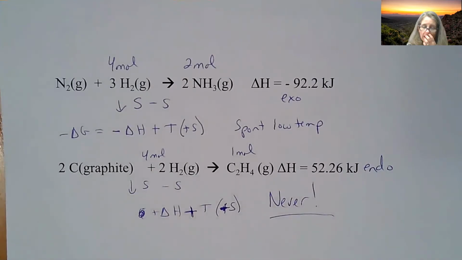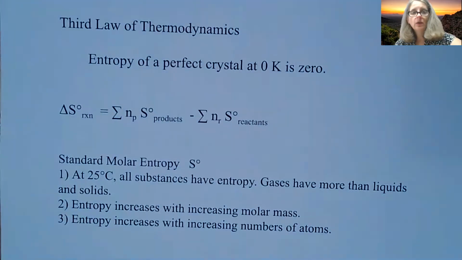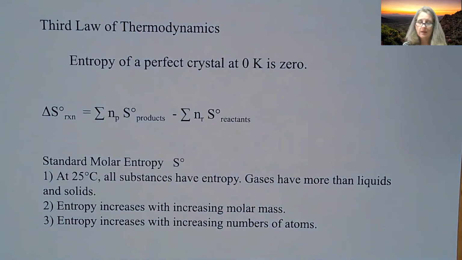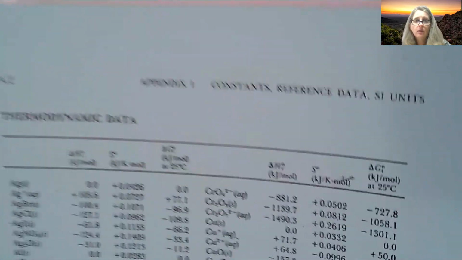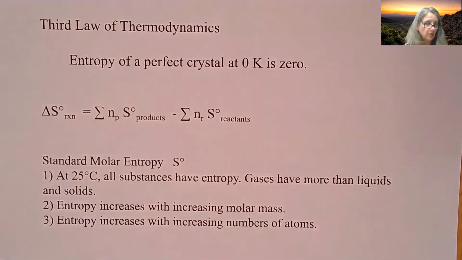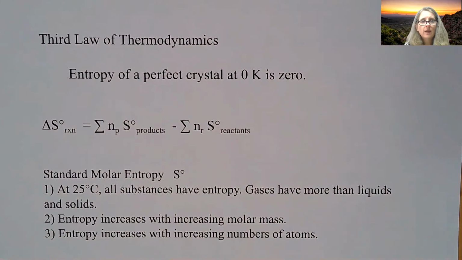Okay, so now we're going to talk about some of the math that we're going to be doing. And we're going to start with S, entropy. So you're going to need this table that I have provided for you, because we're going to be referring to those numbers. So we have something called the third law of thermodynamics, which is talking about entropy still.